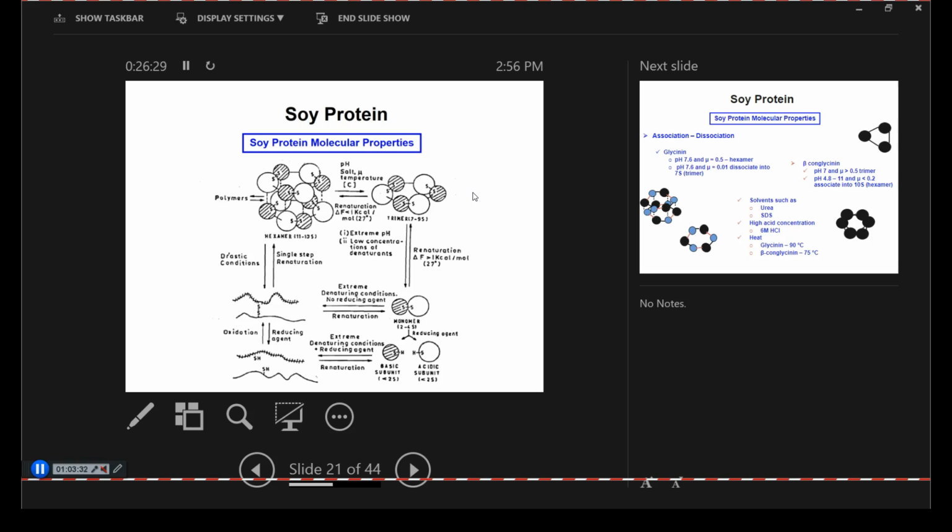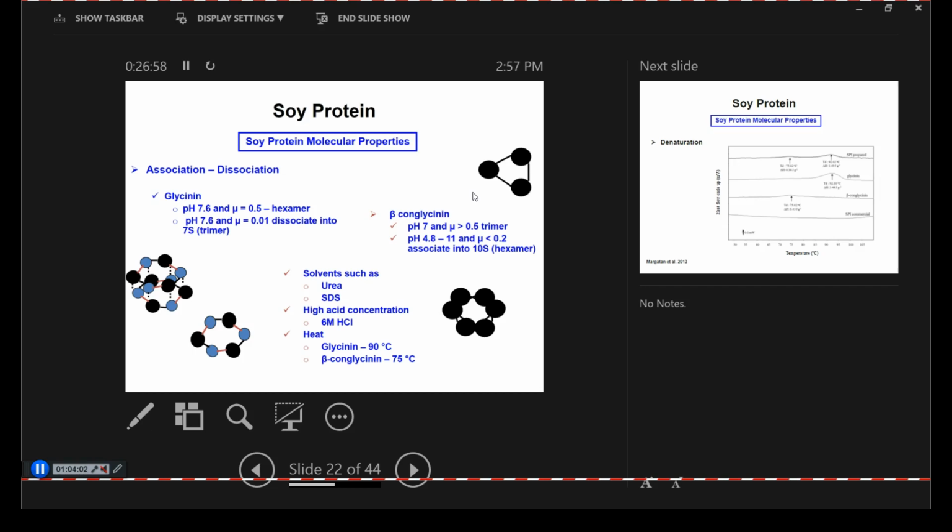With denaturing conditions and reducing agents, or even temperature, these can be denatured and opened up. Without the reducing agent, but with heat or detergent, they can be denatured, but you still have disulfide linkages. So it really depends on what the conditions are. You can end up with different outcomes.